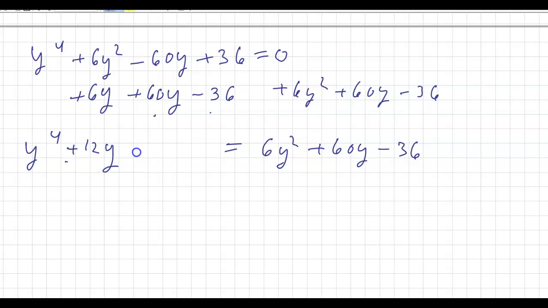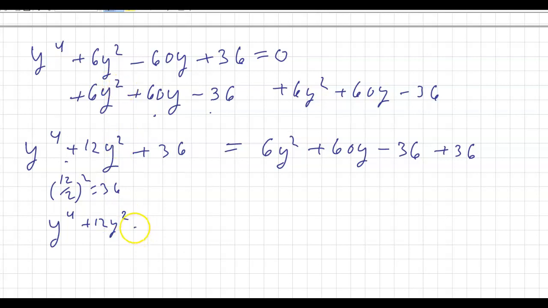So first attempt I'll do is since 12 over 2 squared equals 36, if I add 36 to both sides, I'll get y to the fourth plus 12y squared plus 36. This should be squared, and that should be squared also.